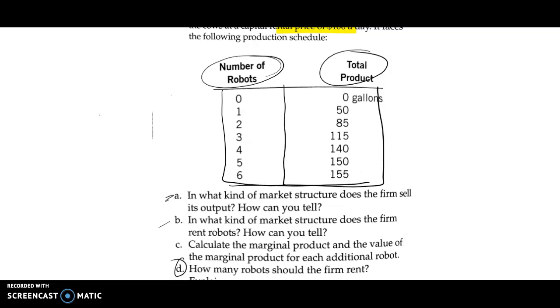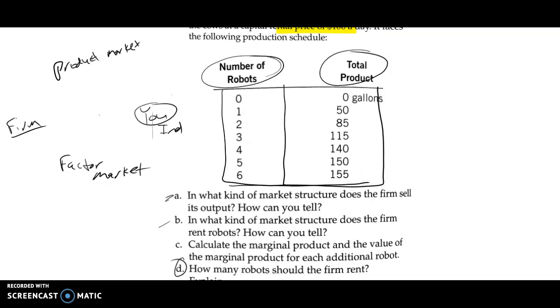As a quick review, remember that there are these two markets that exist. One is the product market, and one is the factor market. If you are a firm, this firm engages in both of these different markets.